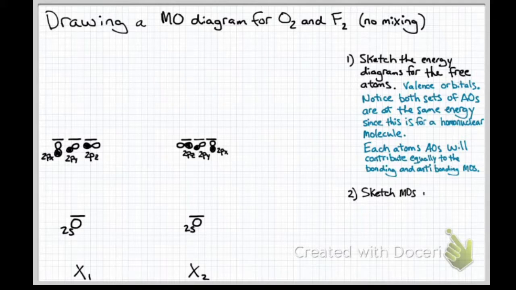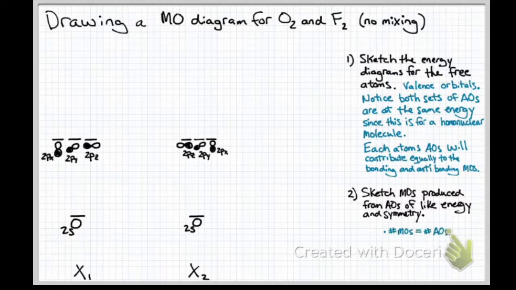We'll start by showing the interaction between the two s. So begin sketching the molecular orbitals. They're going to be produced from the atomic orbitals of like energy and symmetry.